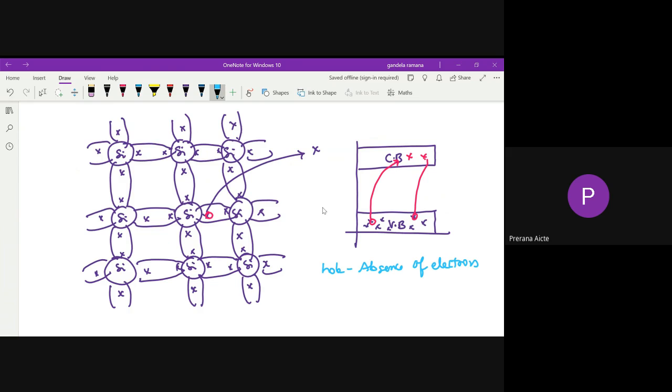After some time in an intrinsic semiconductor, the number of electrons is equal to the number of holes, so N is equal to P is equal to the intrinsic concentration.